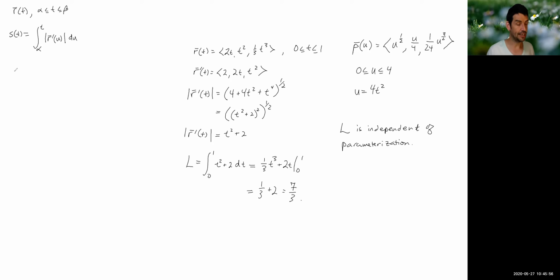What happens if we take the derivative, ds dt? Well, the fundamental theorem of calculus tells us that we have the magnitude of the derivative. Let's think about what this is telling us. This is how length changes as time changes. In other words, this is the speed of our function.